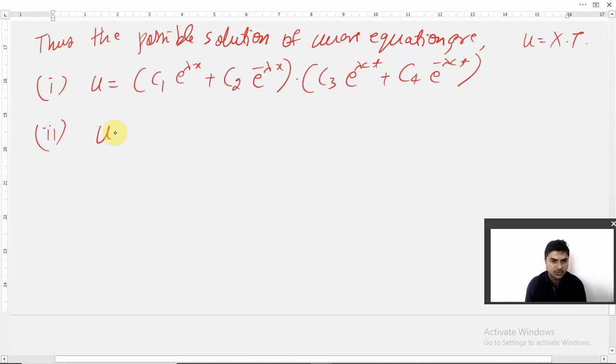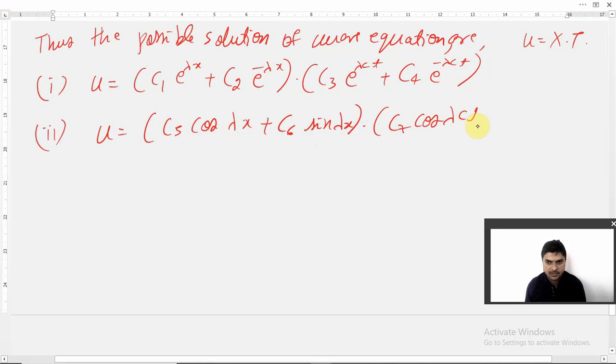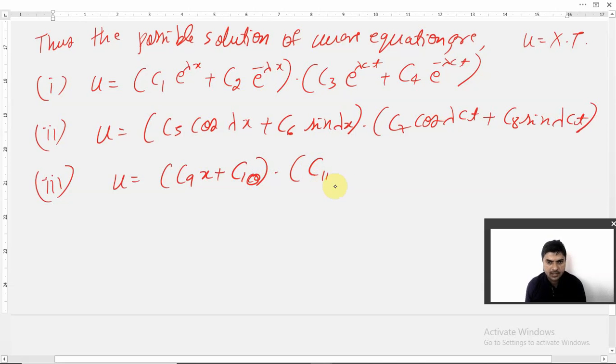Second one, please remember u is equal to, substitute the values, c5 cos lambda x plus c6 sin lambda x into c7 cos lambda ct. These c1, c2 are just constants, students. You can take any constants as you like. And the last solution we have calculated, that is u is equal to c9 x plus c10 into c11 t plus c12. These are the solutions.